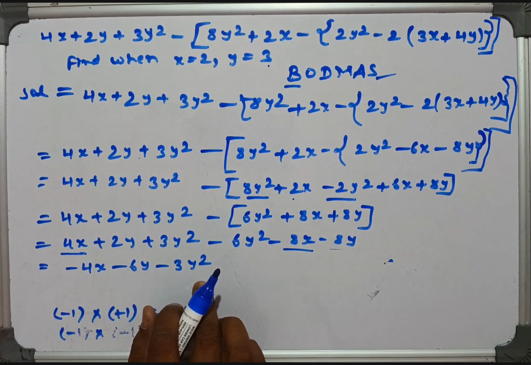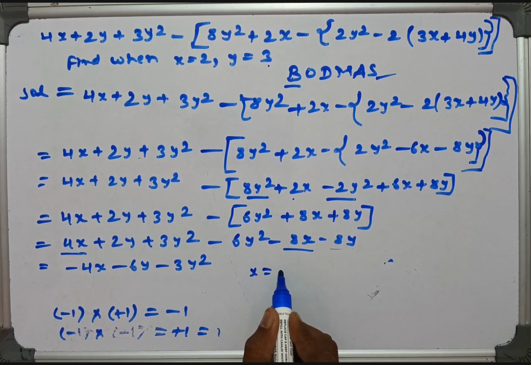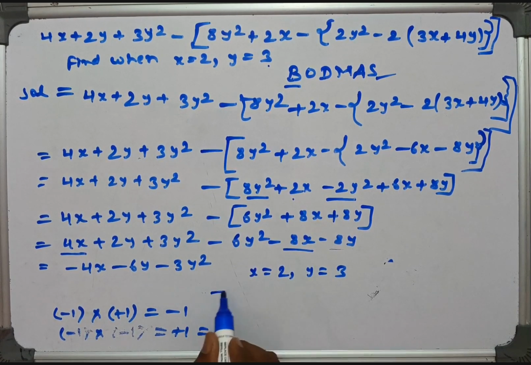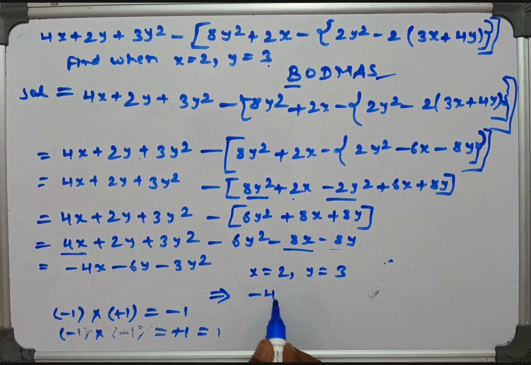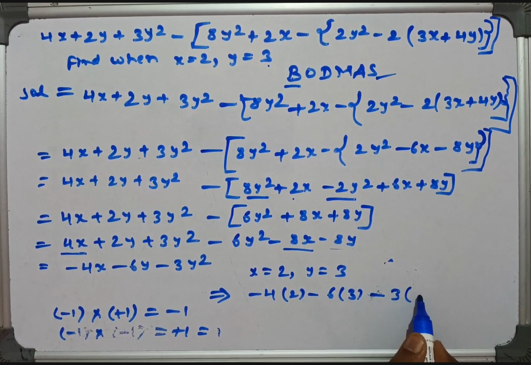Okay guys, now put the value x equal to 2 and y equal to 3. Okay, so what we will get, minus 4 into 2 minus 6 into 3 minus 3 into 3 square.